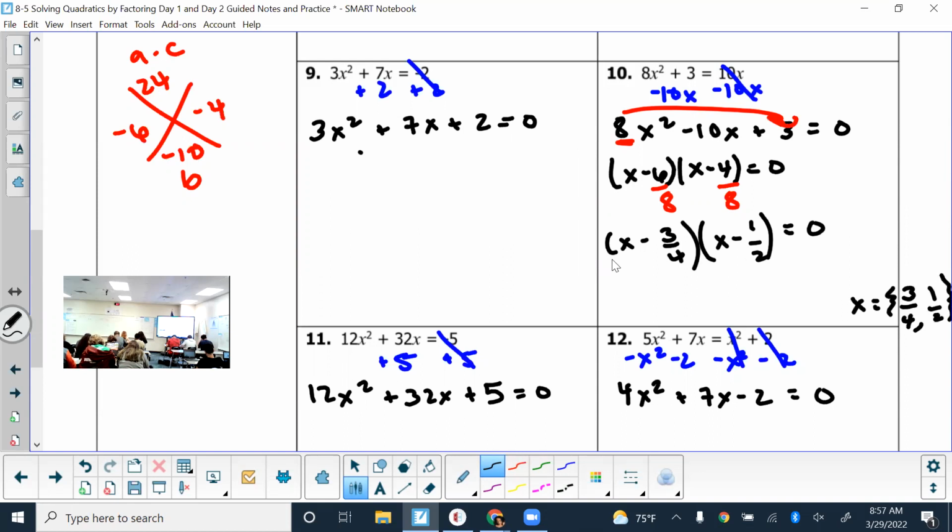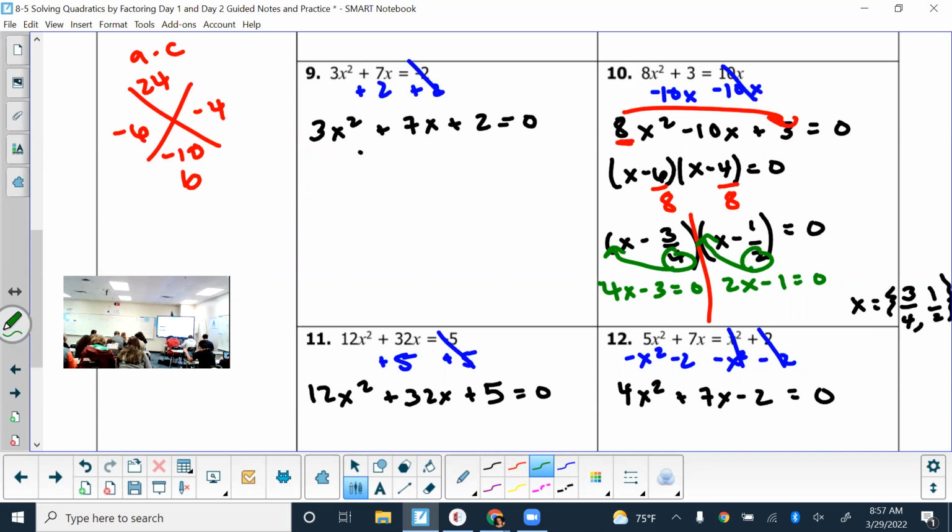Do verify it with the last step, which is to set each factor equal to 0 and solve. So that would mean sliding the remaining denominators. I get 4x minus 3 equals 0. And 2x minus 1 equals 0, and then solve them each individually.